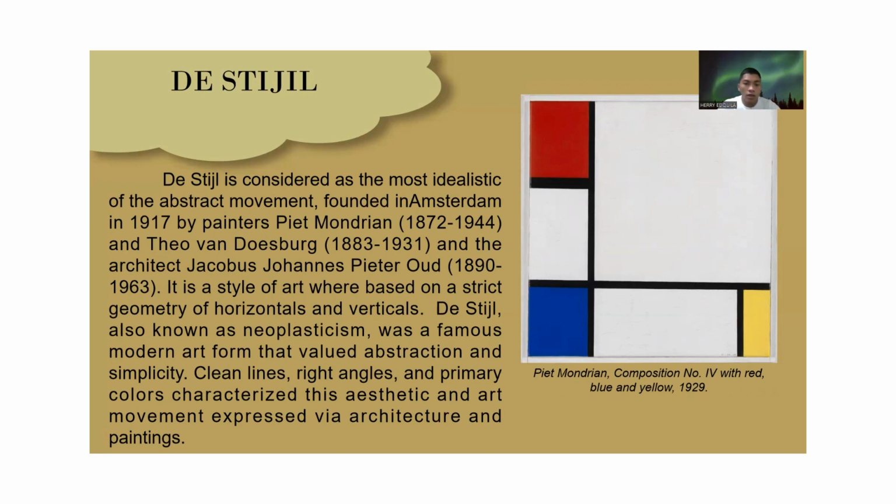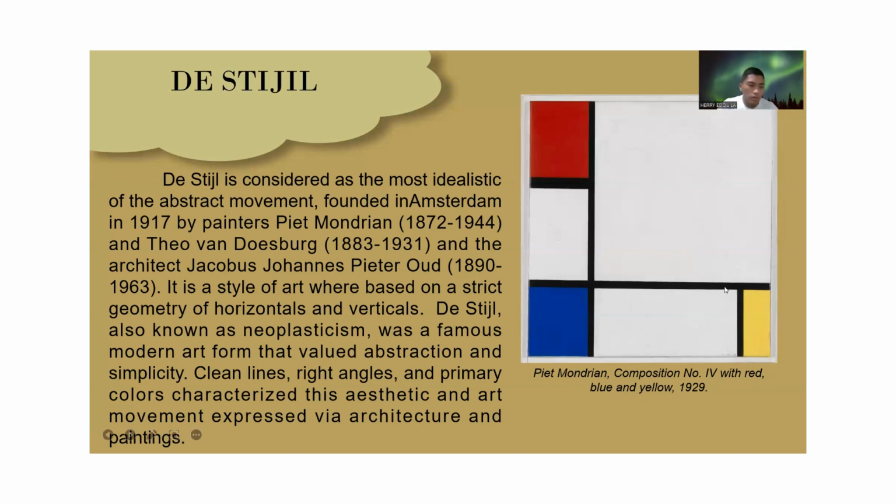This style, also known as Neoplasticism, was a famous modern art form that valued abstraction and simplicity. Clean lines, right angles, and primary colors characterize this aesthetic and art movement, expressed via architecture and paintings.